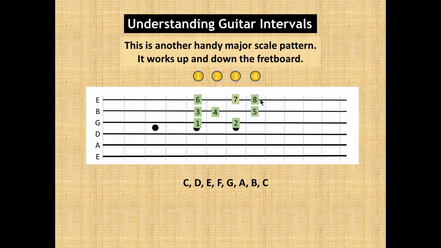The 8th fret is where I'm putting my pinky, and I know that the 8th fret on the E string is a C. Therefore, I know that I'm playing the C major scale here. And if I were to drop my pinky down to the 5th fret, I would be playing the A major scale. So it's a really easy way to remember this pattern and to use it.